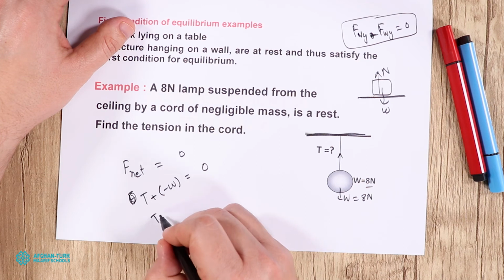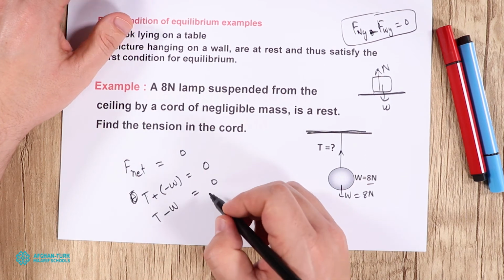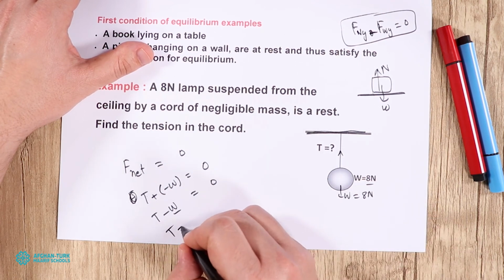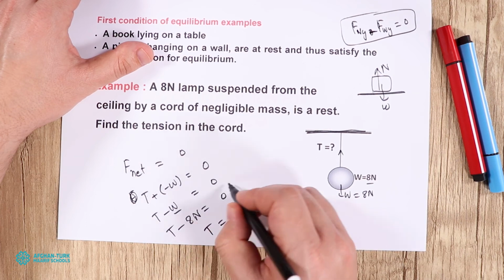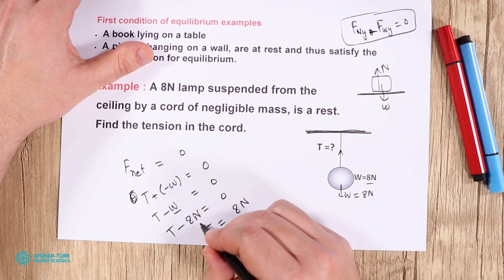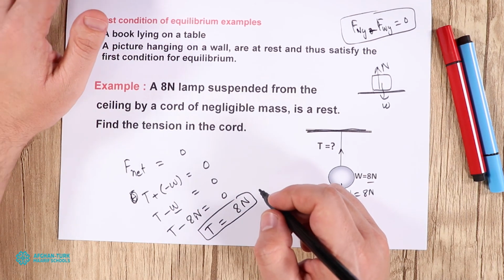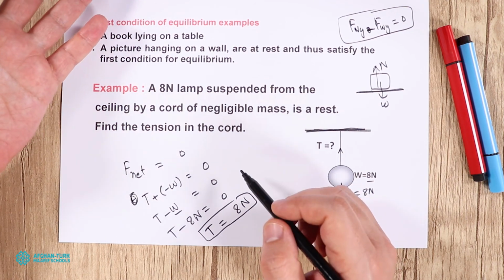We can write the equation T minus W is equal to 0. Putting the value of the weight, 8 Newton, T minus 8 Newton is equal to 0. So the tension is equal to 8 Newton. So this is a simple example of the first condition.